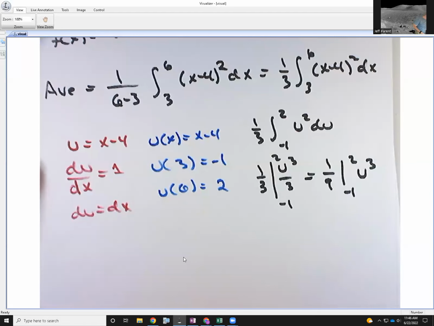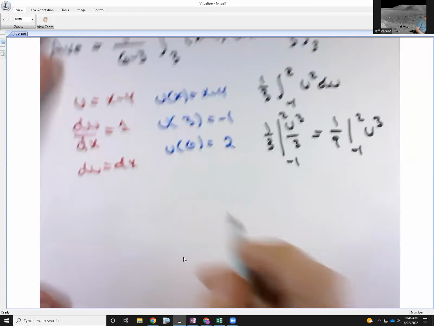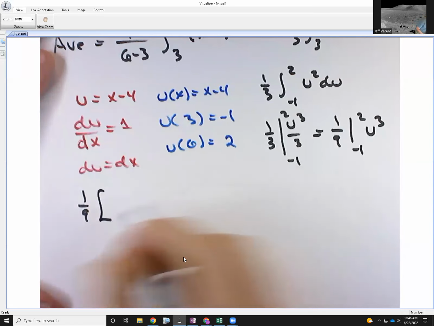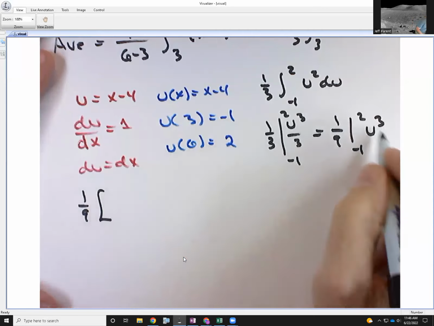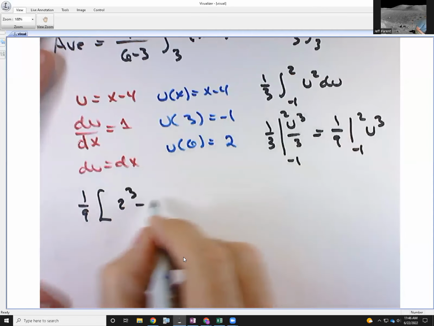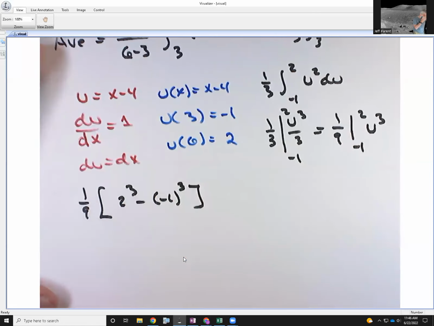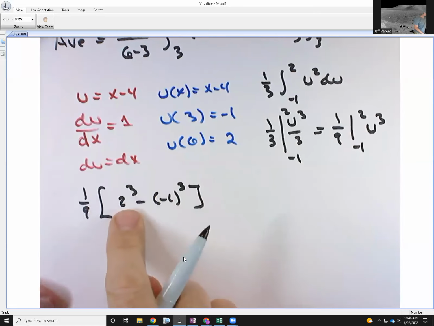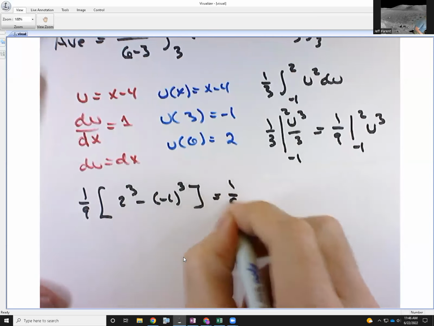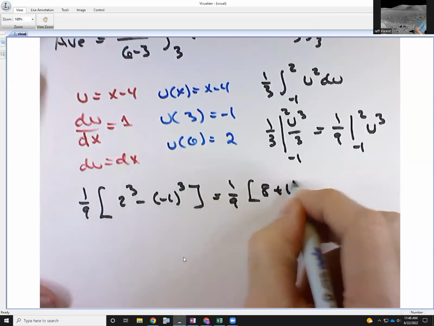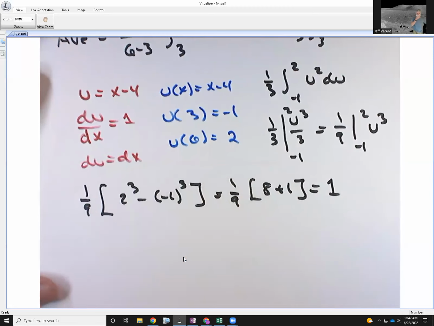Okay. So let's keep going. That's 1/9 times 2 cubed is 8 minus -1 cubed is going to be -1. So 1/9 of 8 plus 1 gives me 1.